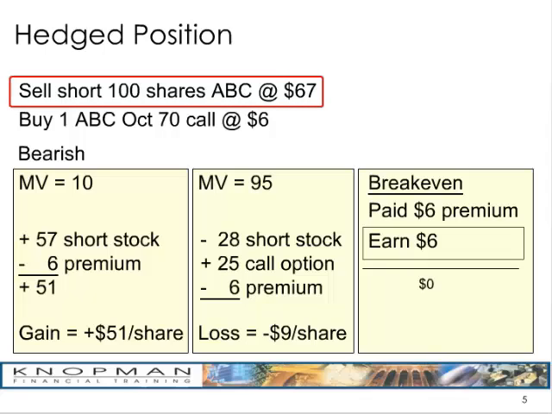So for us to make $6, when you sell stock short, what do you need to happen for it to profit? You need to go down. So if it goes down to 61, we would make $6, which would offset the $6 premium that we paid. So whenever there's a stock position, the break-even is always based on the premium and the stock. You look at the premium, you say, all right, how can I offset that based on the stock position?